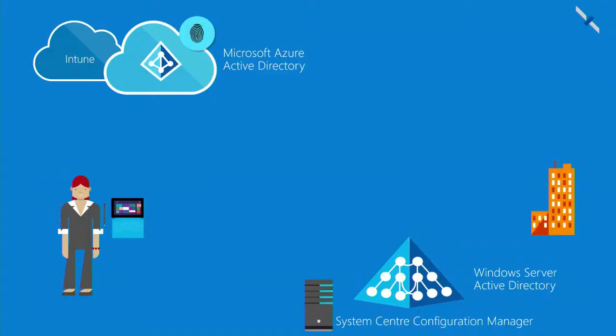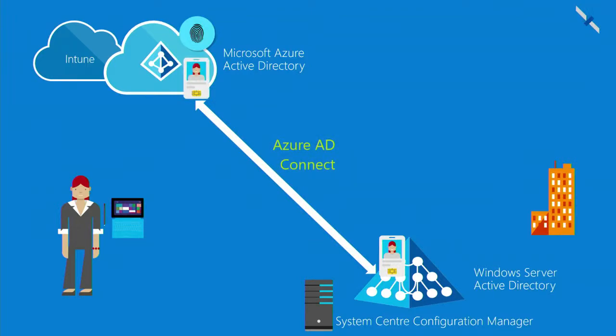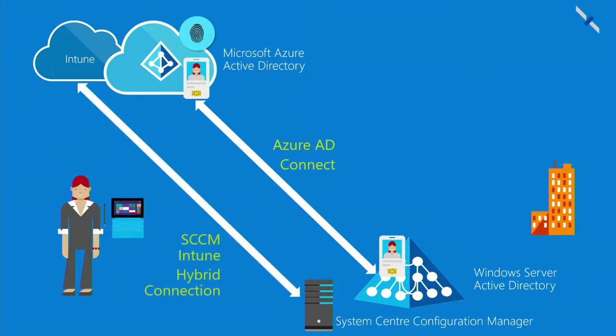Now, Susan's organisation has invested a lot of money in their on-premise directory infrastructure and System Center Configuration Manager. But they've decided to synchronise their AD with Azure Active Directory. So Susan now has an account object in Azure Active Directory. And they've reconfigured SCCM into a hybrid mode with Intune.